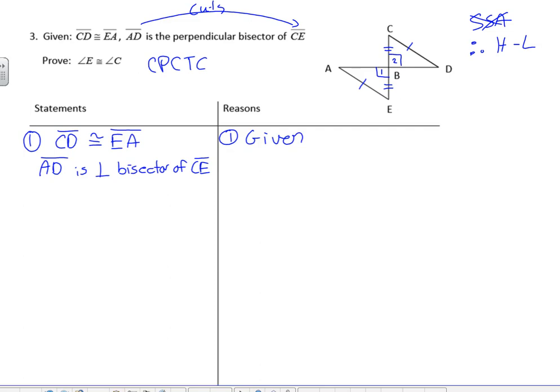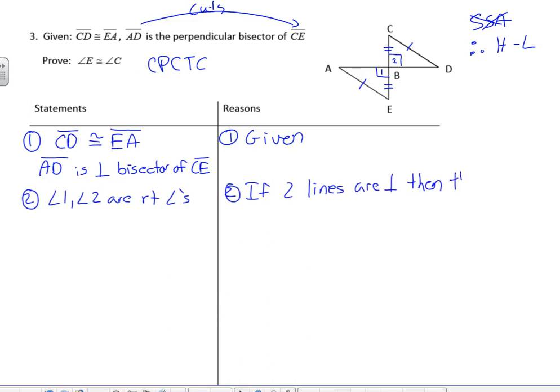Now we've got to get the other parts, the right angle piece. So angle 1 and angle 2 are right angles. If two lines are perpendicular, then they form right angles.